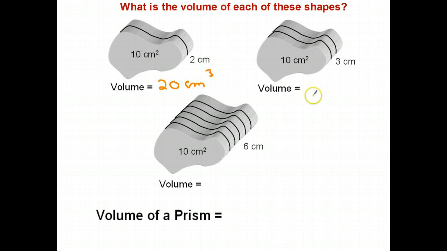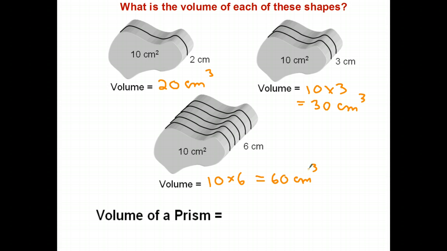So we have to multiply that by 3, 10 times 3, and that's going to give us a volume of 30 cubic centimeters. Down here, each layer has a volume of 10 cubic centimeters, so 10 times 6, and that has a total volume of 60 cubic centimeters.